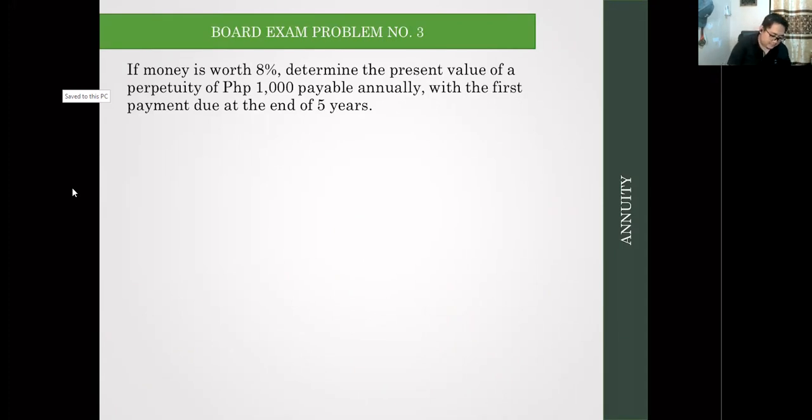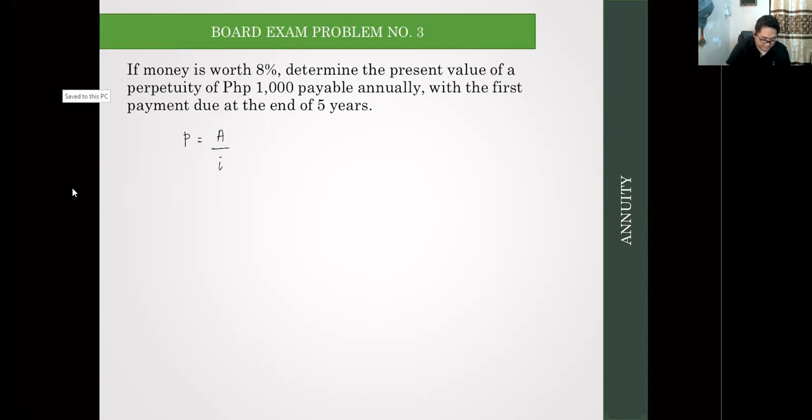So sa perpetuity, ang present worth ng value natin is equals to amortization over I. So yan yung formula niya. So let's say sabi if money is worth 8%, determine the present value of a perpetuity of 1,000 payable annually. So kailangan natin ng present worth niya.